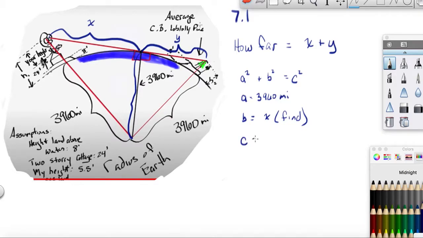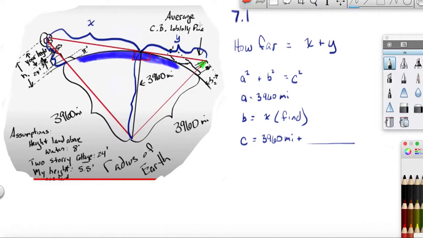And c is the hypotenuse. It is going to be this length right here, which is from our eye to the ground, plus the radius of the Earth. So it's going to be 3,960 miles, the radius of the Earth, plus what our height above the ground is.